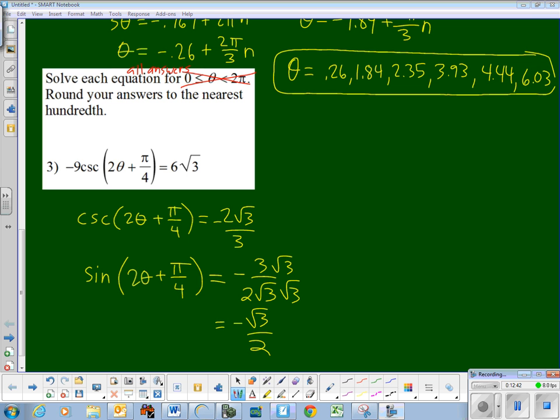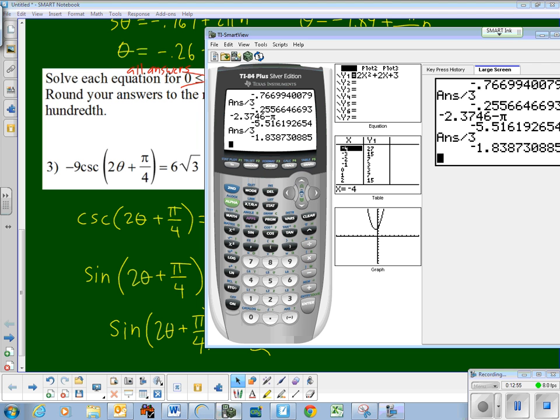So it looks like this one did happen at a unit circle spot, but we're still going to do the approximate answers anyway. Okay, so in my calculator, I need the inverse sine of negative square root of 3 over 2.